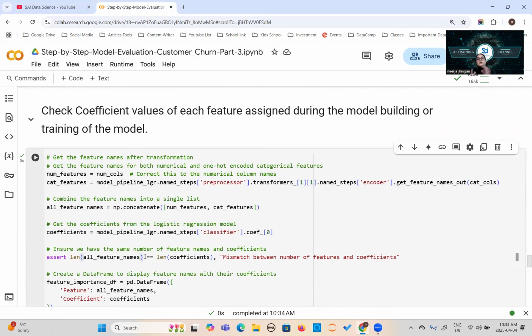First, before handling the imbalanced data, I am going to tell you the coefficient weight. This is the most important part. I am going to show you how much weight is assigned to each data point so it can predict correctly by the model. This is the backend calculation I'm going to show you.